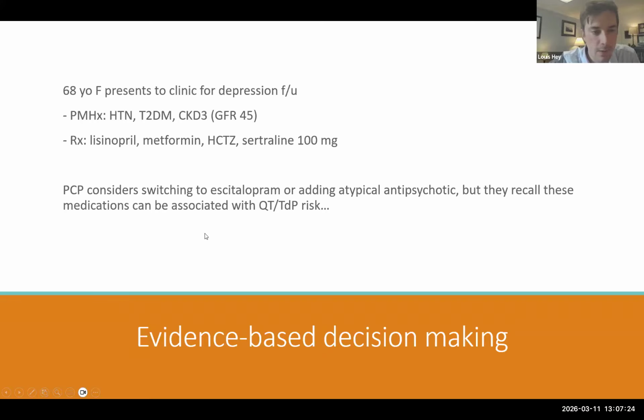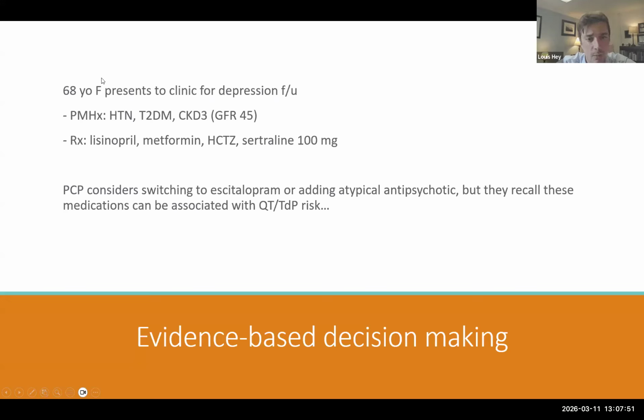She has a past medical history of hypertension, type 2 diabetes, CKD, and fairly refractory depression. Let's say that she's tried multiple agents, multiple SSRIs, and titrated her up to sertraline 100 milligrams, and she is just feeling awful. Her depression is still very much poorly treated.